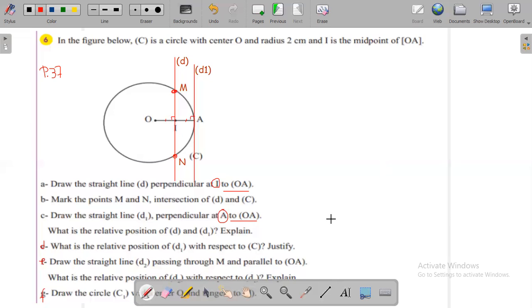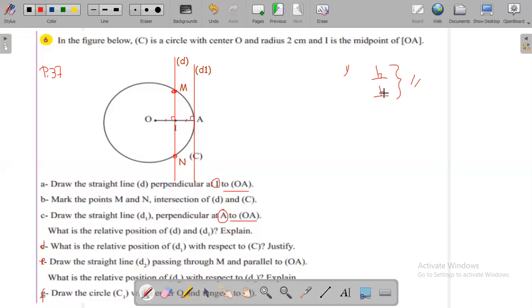Let's remember the rules. Do you remember the rules? The first rule: perpendicular with perpendicular gives parallel.